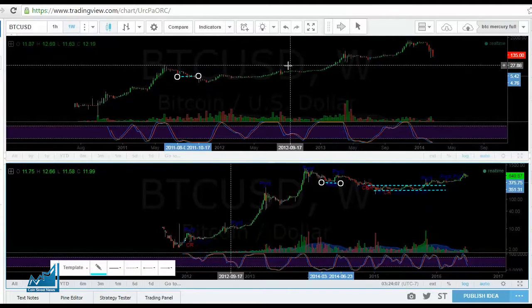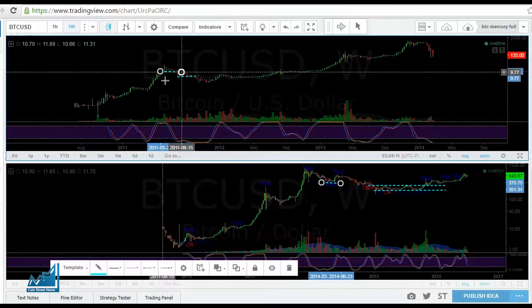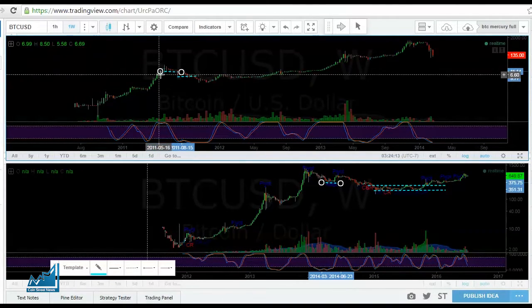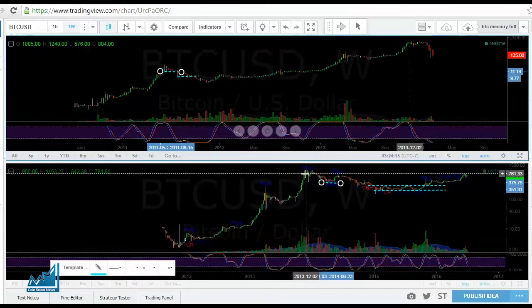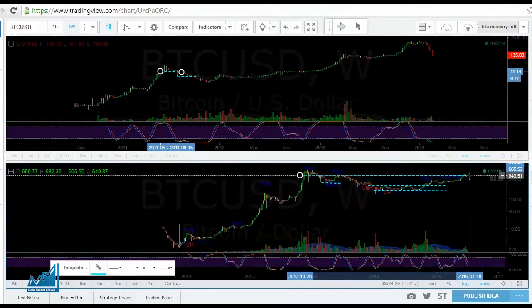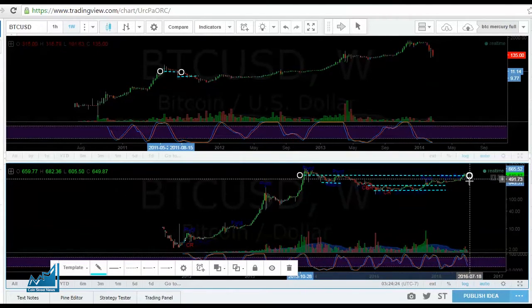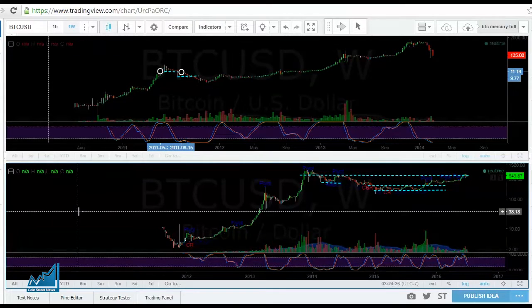And our second top here is that old support from the bubble top. And if we were to do the same thing on this chart, we would see that this old support from the bubble top is about where we hit as well.